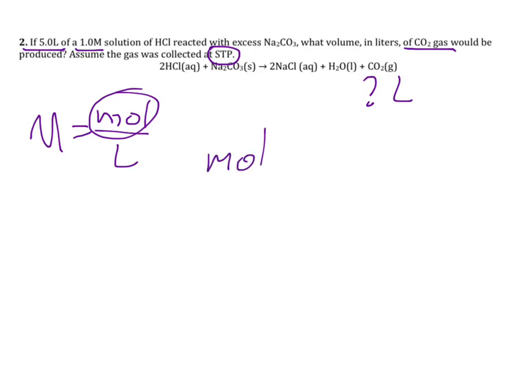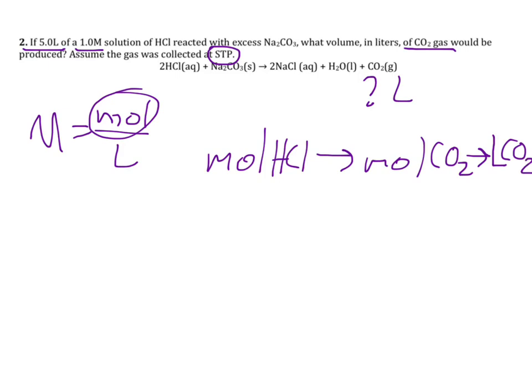And once we know moles of HCl, we can then convert it to moles of CO2. And then we can go from moles of CO2 to liters of CO2, because if we remember from last unit, 1 mole of any gas at standard temperature and pressure is 22.4 liters. And so that's how we're going to go between moles of carbon dioxide and liters of carbon dioxide.